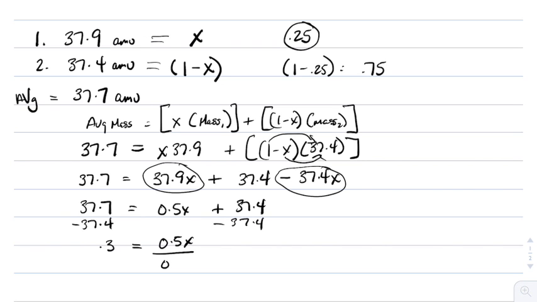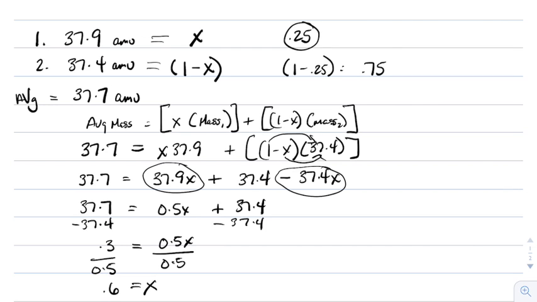I'm going to divide both sides by 0.5, and if you put that into your calculator, 0.3 divided by 0.5 equals, and so you're going to get a value of 0.6 equals x.